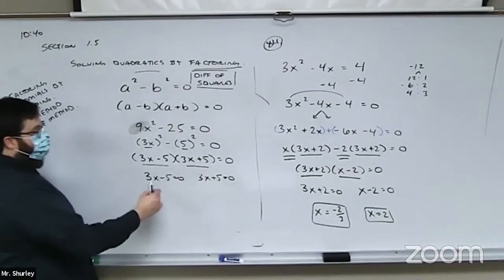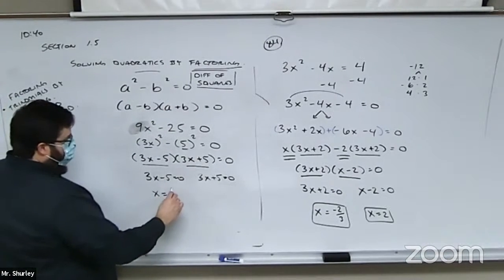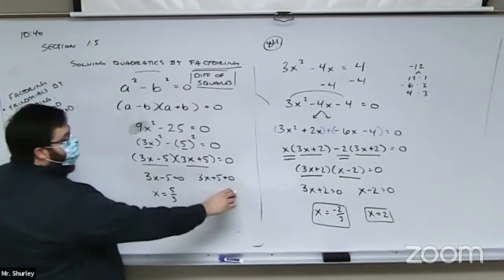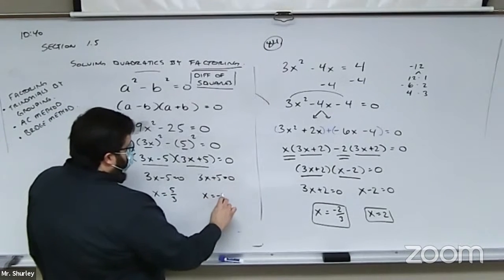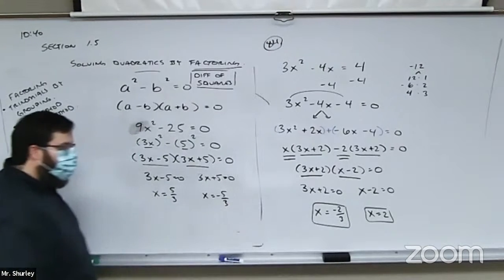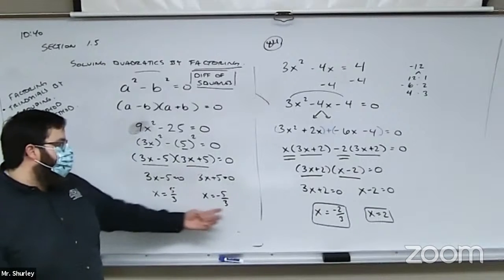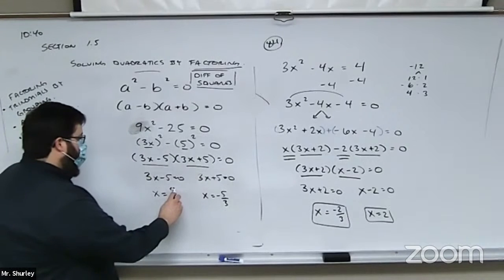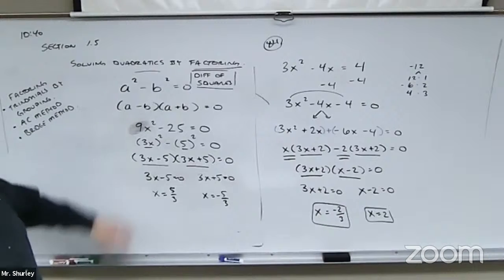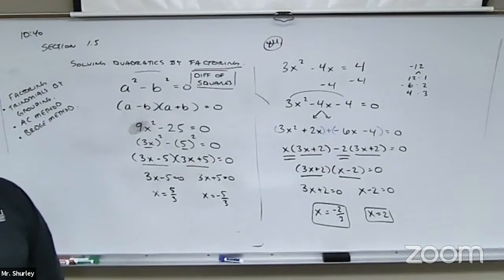So we add the 5, divide by 3. We wind up with 5/3. Subtract the 5, divide by 3. We wind up with negative 5/3. Okay? So they're opposite numbers, right? 5/3 and negative 5/3. And that's what happens if you have this difference of squares, which is kind of neat.